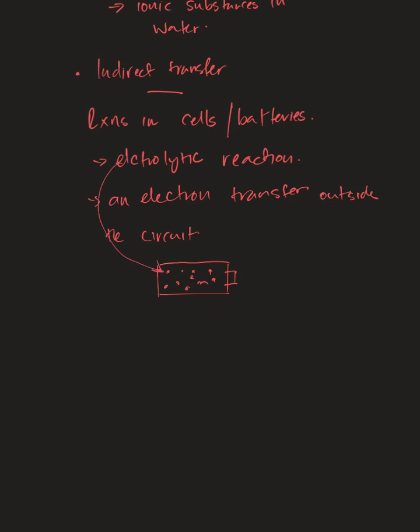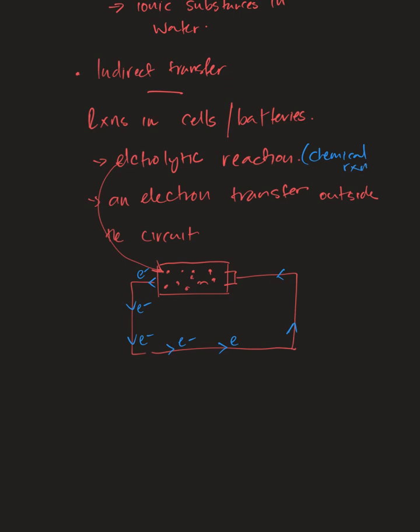When this reaction happens, remember this battery is connected to a circuit. So on this other side, when this reaction happens, it's going to push these electrons out. And when it pushes these electrons into the conducting wire and creates that kind of a reaction, we're going to have electricity.